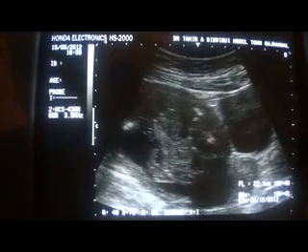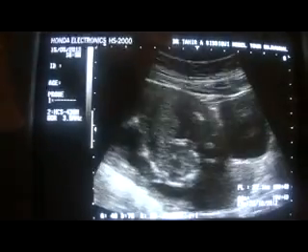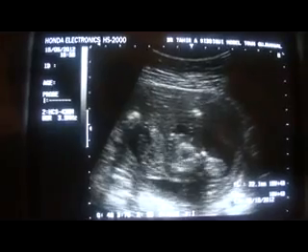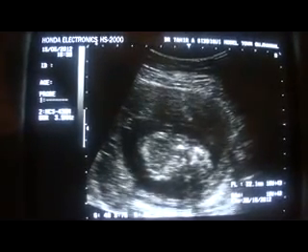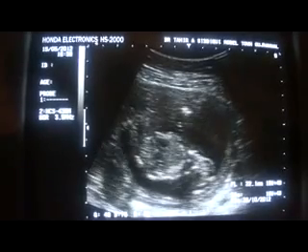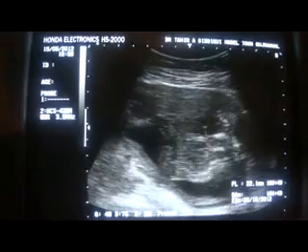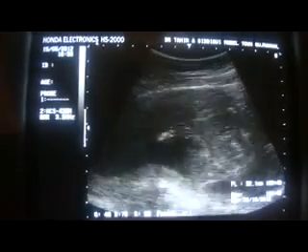This is it. Now we are seeing the cervix. Cervix of the uterus. This is the cervix, and the cervix measures 3.7.